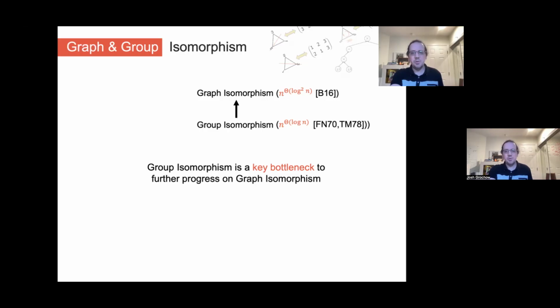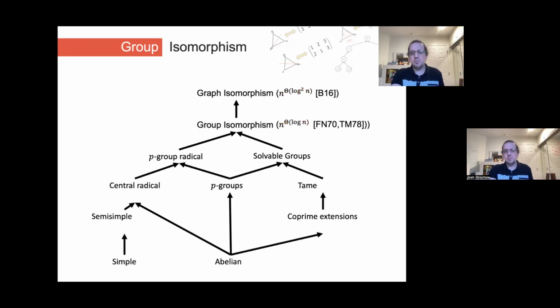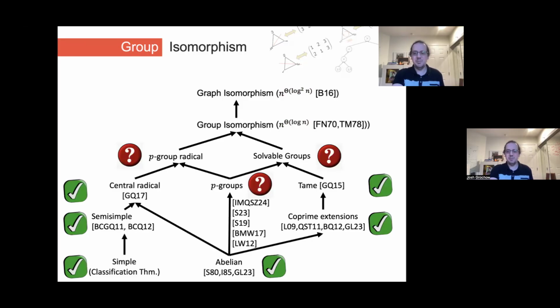And so over the last 50 years, but particularly in the last, say, 15 to 20 years, there have been a whole bunch of classes of groups, headed towards the general case, where a lot of progress has been made. So these check marks here, most of them are polynomial time. A few of them are getting very close to polynomial time, much closer than n to the log n.